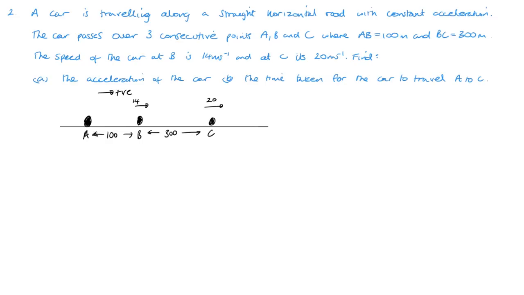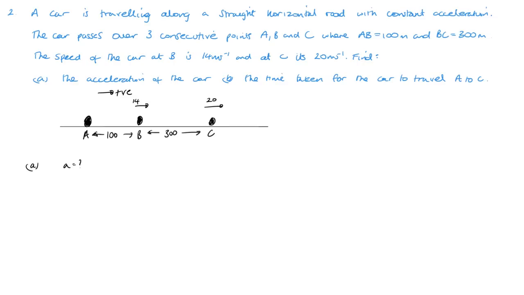So what we've got to find here is the acceleration of the car and the time it takes to get from A to C. So first of all, the acceleration of the car.